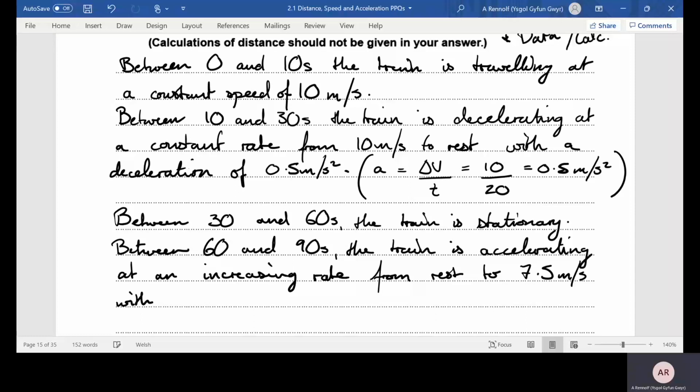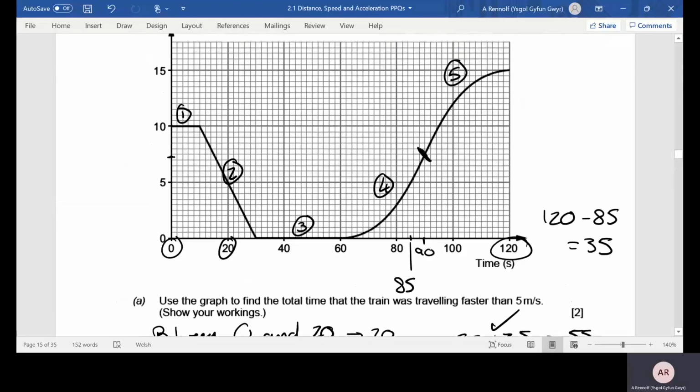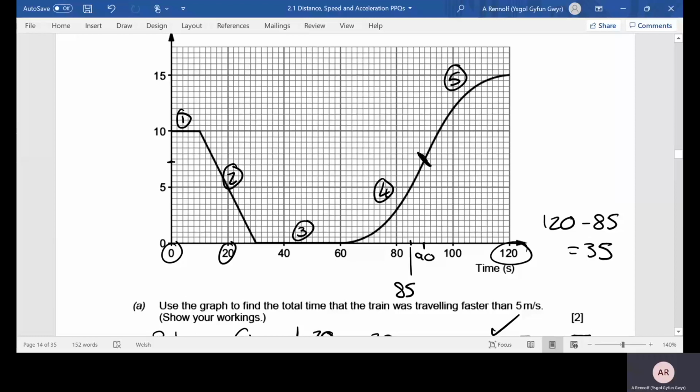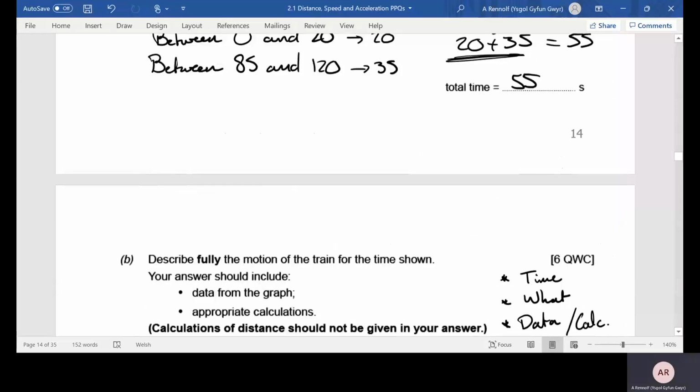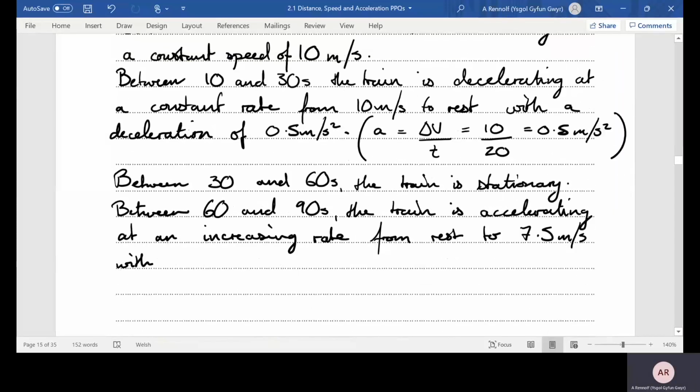And now we can do another calculation. We can work out what the average acceleration is. Bear in mind, part four now, the acceleration is not constant. We don't have a straight line, but we can work out the average acceleration. So we'll say with an average acceleration of, again, we'll leave a gap there. I'll do the calculation down here this time.